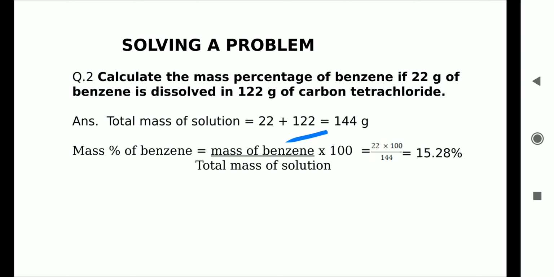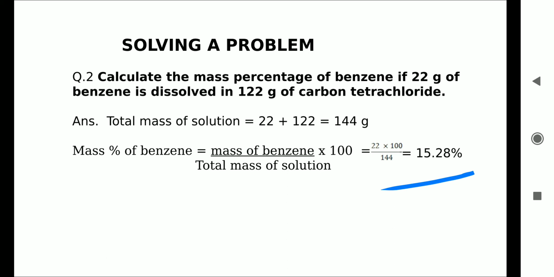So it will come out to be 144 gram. Now the mass percentage of benzene will be calculated as mass of benzene divided by total mass of solution, multiplied by 100. So it will come out to be 15.28%. So it is very easy. We know the total mass, we know the mass of benzene, and we can calculate the mass percentage of benzene.